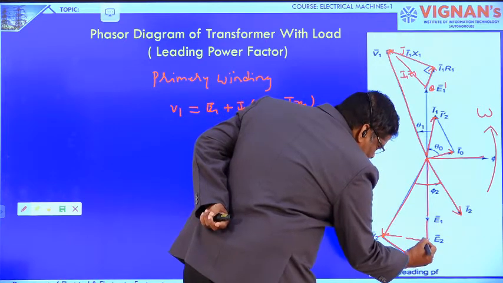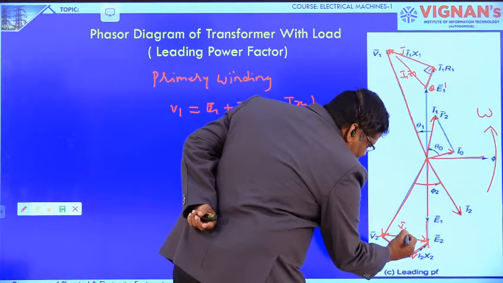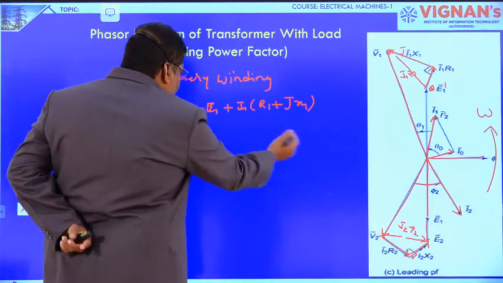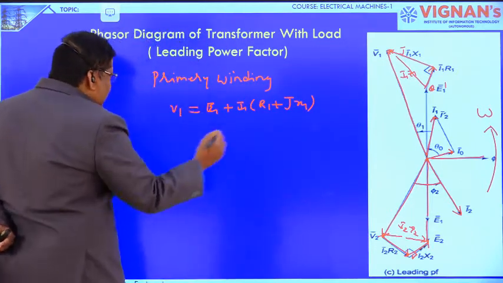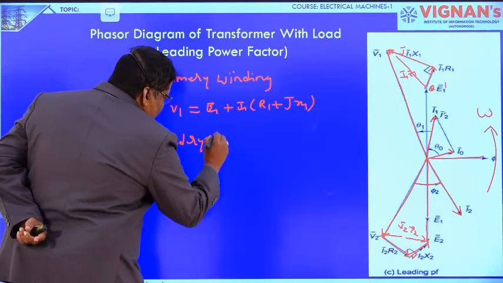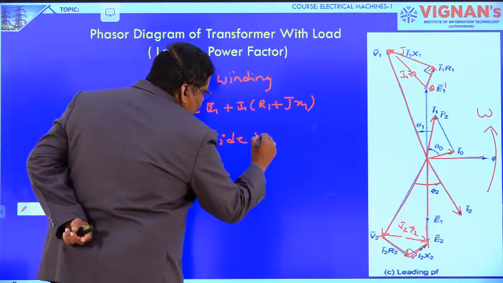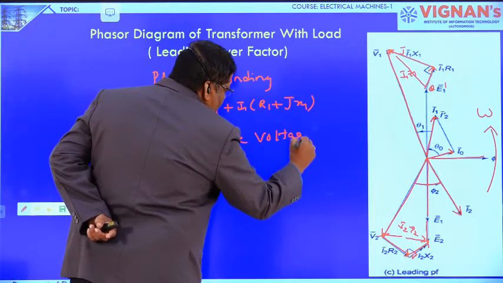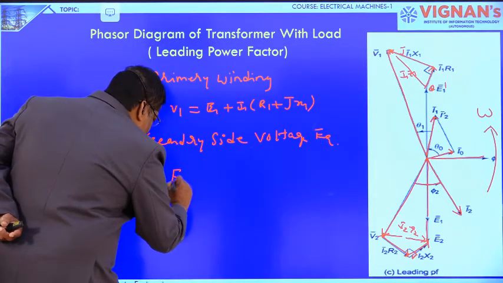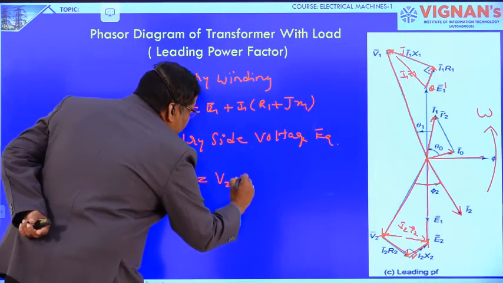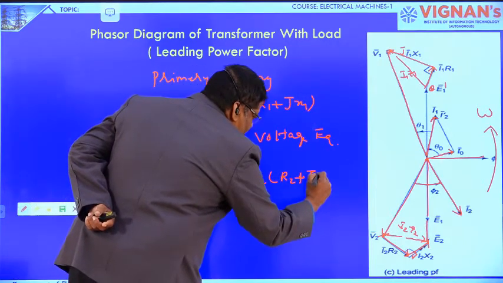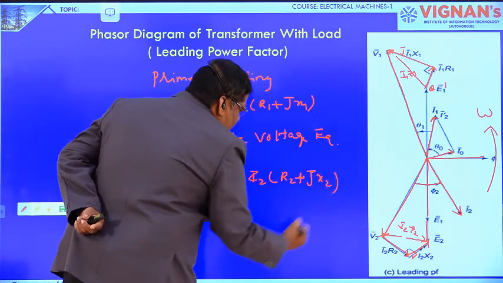Phasor sum of these two is nothing but I2Z2. If you write the voltage equation at the secondary side, E2 equal to V2 plus I2 into (R2 plus jX2).